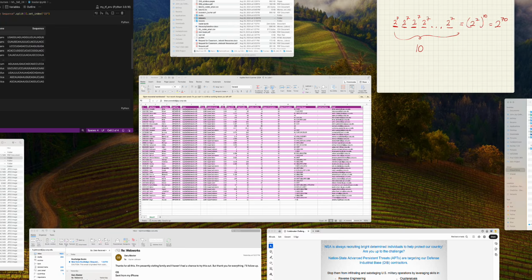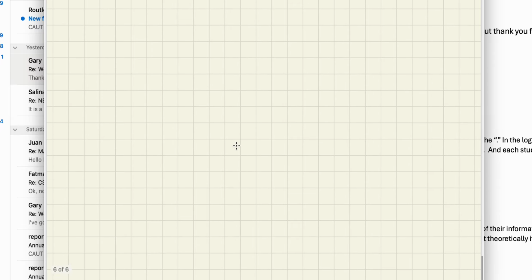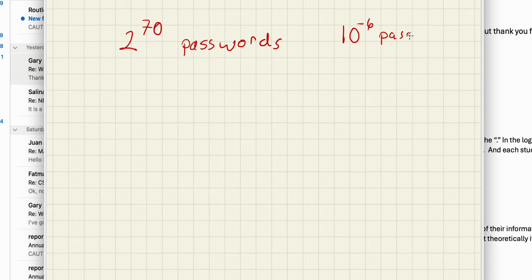So you have, where's my little sketch pad here? We have 2 to the 70 passwords that we have to check. And we're checking them at a rate of 10 to the minus 6 passwords per second. Wait, is that right? No. That's 10 to the minus 6 seconds per password.